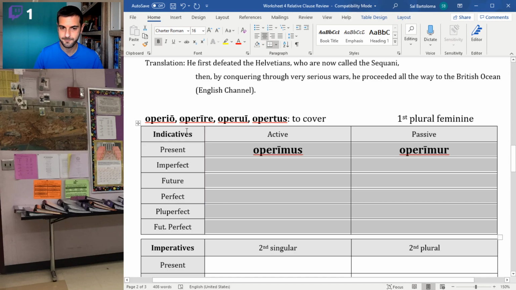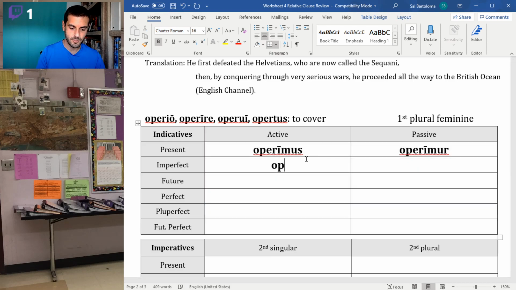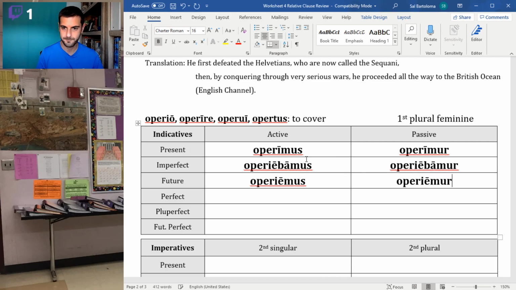Now we're cooking. Since it is third IO or fourth in this case, we have operiebamus and operiebamor. And then for future, we keep the I, operiemus and operiemor. Okay.